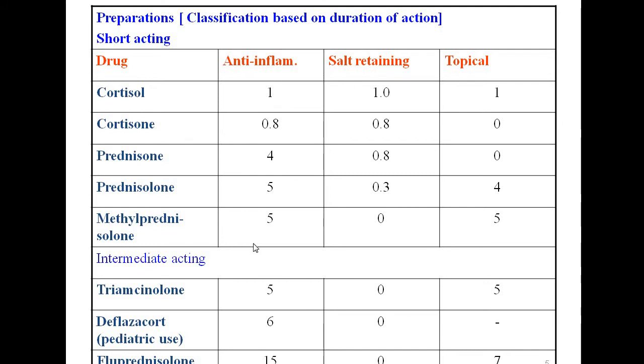Now this table gives us the anti-inflammatory activity, salt retaining activity and, on topical application, their relative potencies. Cortisone and cortisol, which are natural, are taken as 1 and 0.8. You will notice here that fluprednisolone has a potency of 15 compared to cortisol.